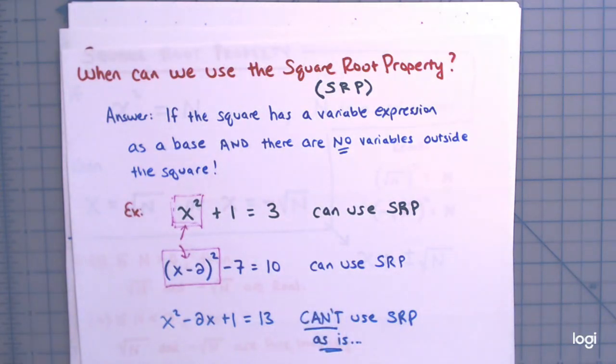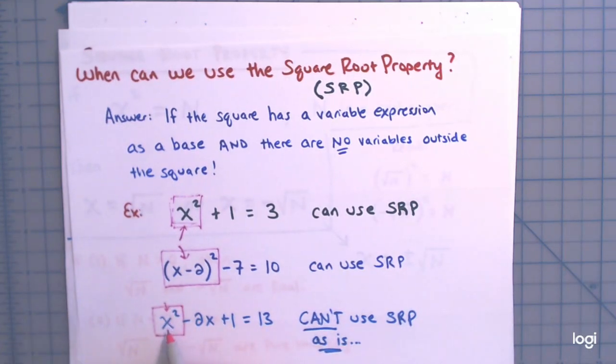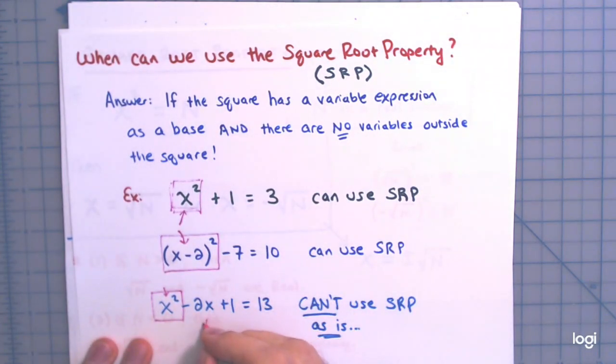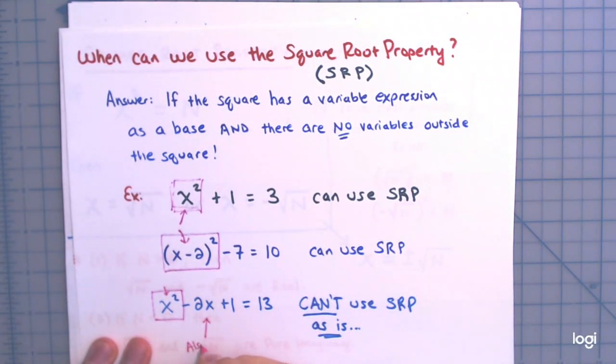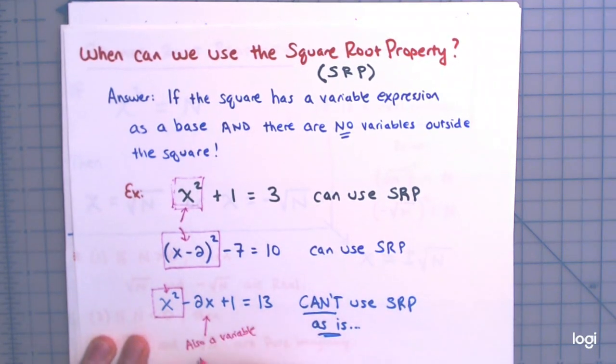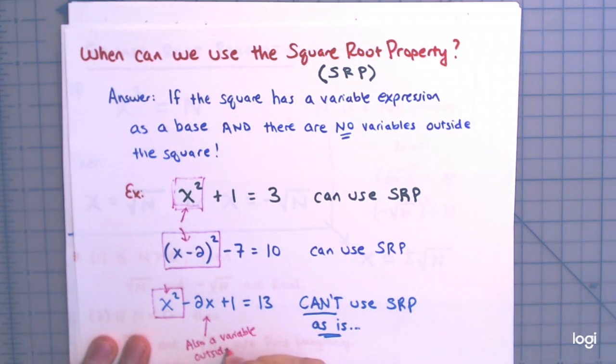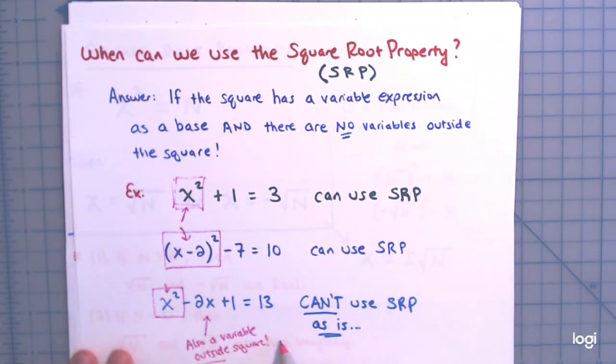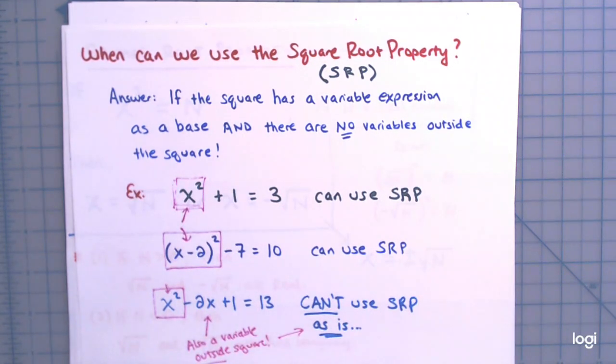Now the reason for that is, look, here's the square, and there's a variable inside that square, the x, but look at this. There's also a variable outside the square. And that's why we can't use the square root property or the SRP as it looks right now.